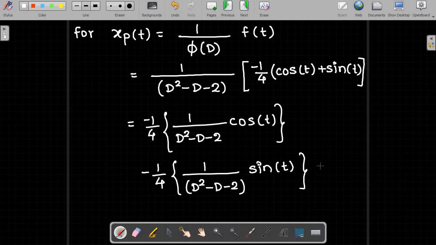So for the first part, the shortcut method formula is replace D square by minus a square. So here the shortcut method formula is D square is replaced by minus a square, that is minus 1. So after replacing D square by minus 1, the equation will be reduced.